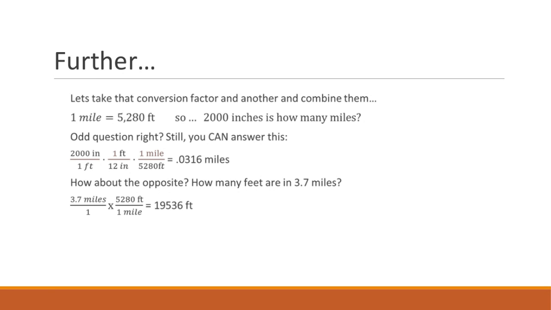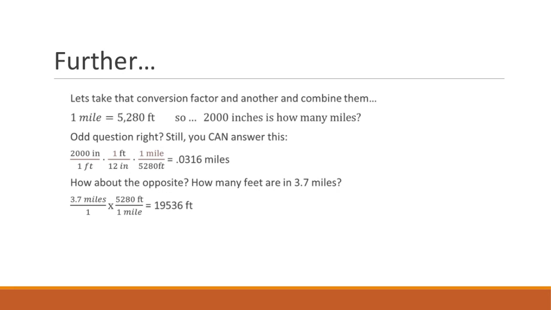So if you know that 1 mile is equal to 5,280 feet, what if you wanted to know how many miles 2,000 inches is? It's an odd question. I don't really understand when you would be asked it, but I think it's kind of cool to be able to find stuff out like this, because even if you would have never asked yourself, it's an odd and interesting thing to know, right?